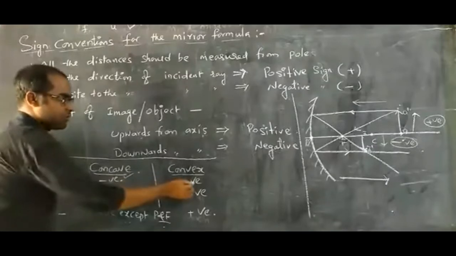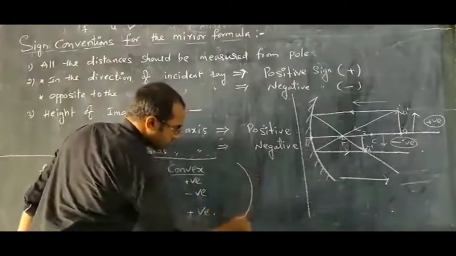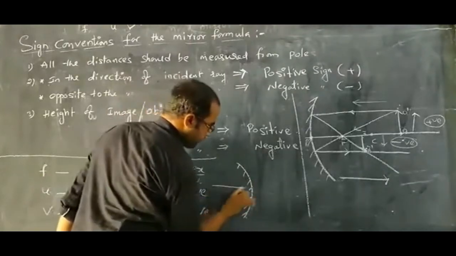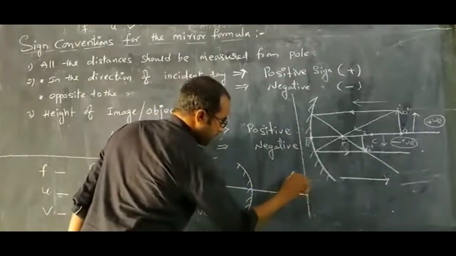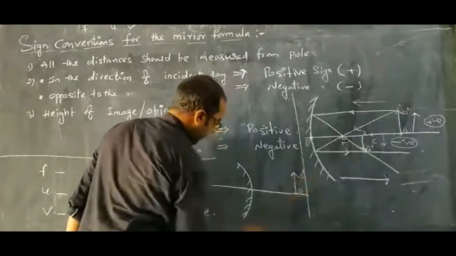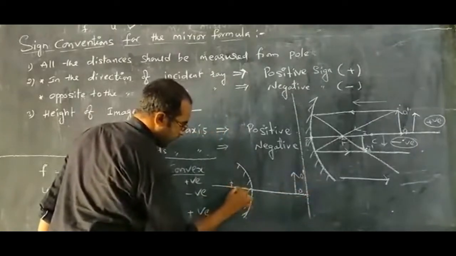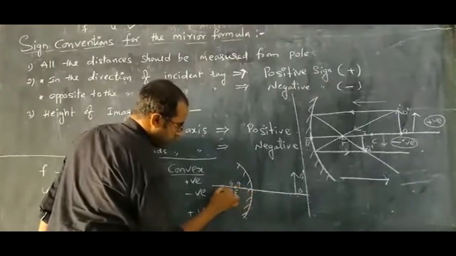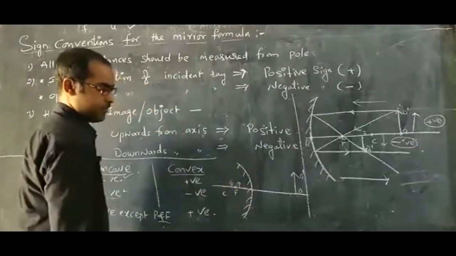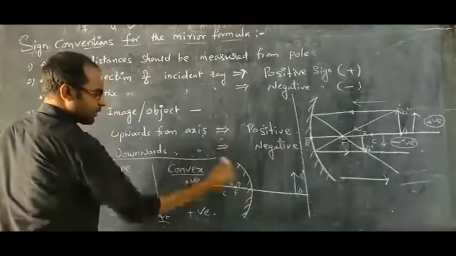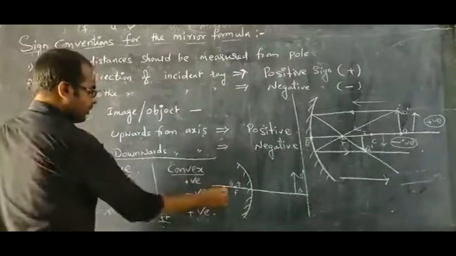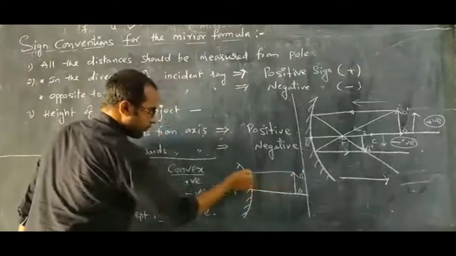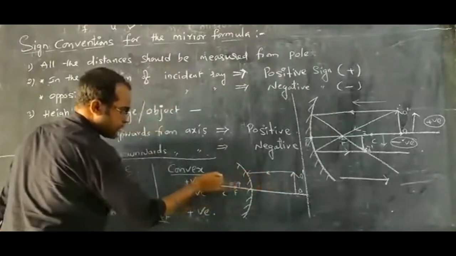Next, for convex mirror, focal length is always positive, because the convex mirror will be in this manner. Here the object will be placed at O dash, and here the image will be formed, with the focal length and center of curvature. In this convex mirror, focal length is positive because we are measuring in the direction of incident ray.